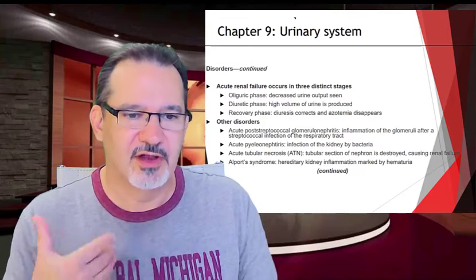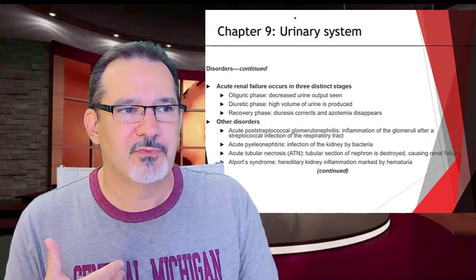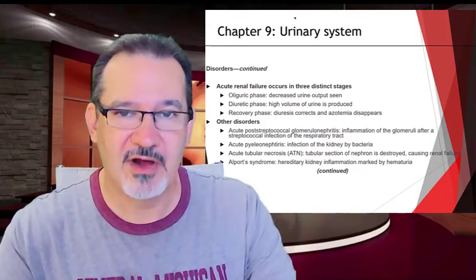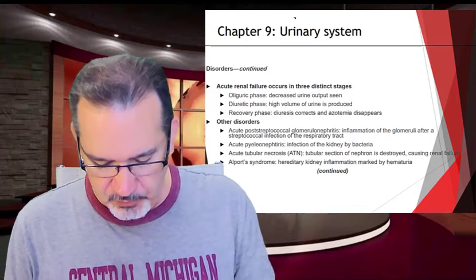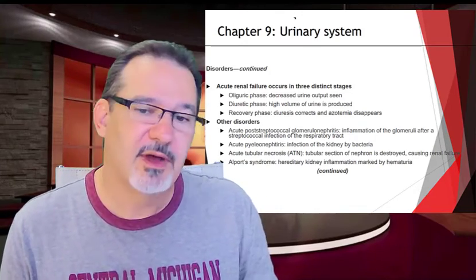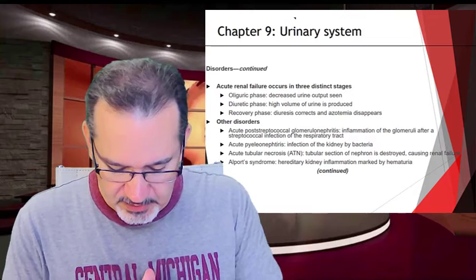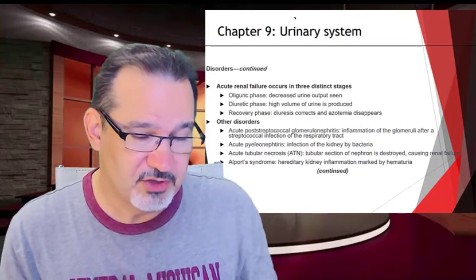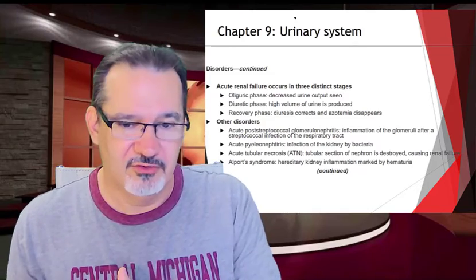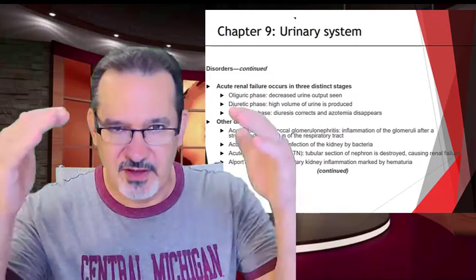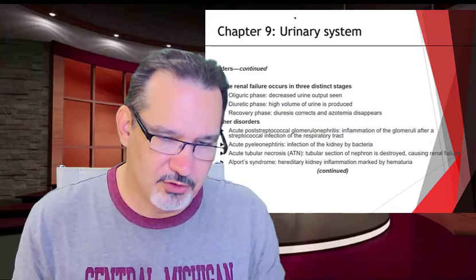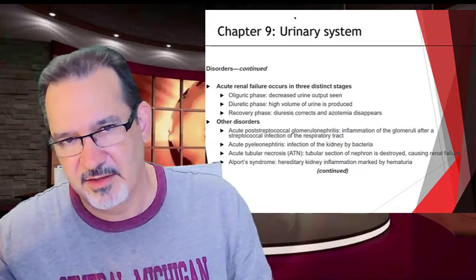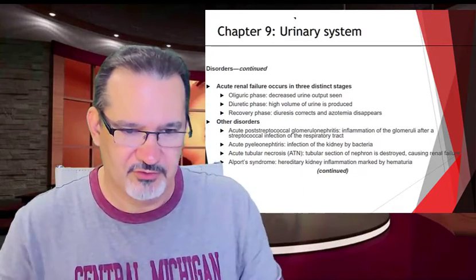Diuresis is another term for increased volume or increased output or increased urine production, and then the azotemia is usually the increased blood urea nitrogen, or BUN, and that can cause toxicity. So in the recovery phase, we should see the urine output decrease, and the azotemia as well starts to decrease.